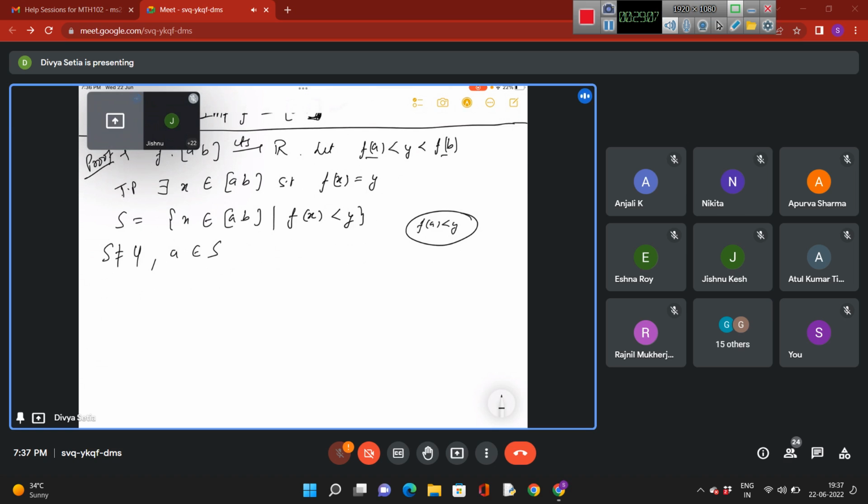This set is also bounded, because x can lie from a to b, so it's a subset of [a, b]. And every non-empty bounded set has a supremum. So the supremum of S exists.